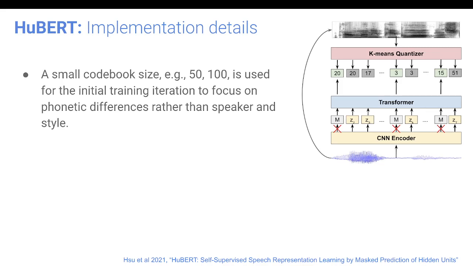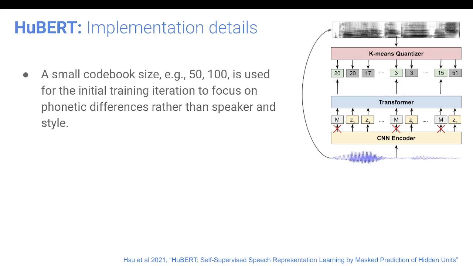A couple of implementation details were important to get this algorithm to provide state-of-the-art results. One is to initially use small codebook sizes like 50 or 100, because we needed to focus on broad phonetic categories rather than the nitty-gritty differences between speakers.